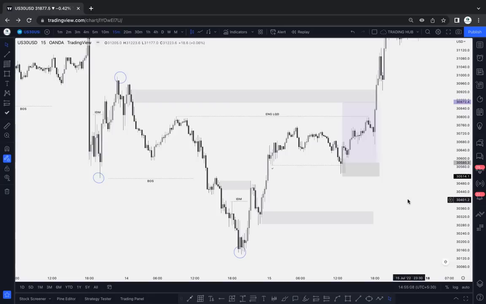I will tell you one more thing. Institutions trade based on the number of orders, when the maximum number of orders are filling, and they trade based on the liquidity concept only. We also trade based on liquidity, and we are following their concept.